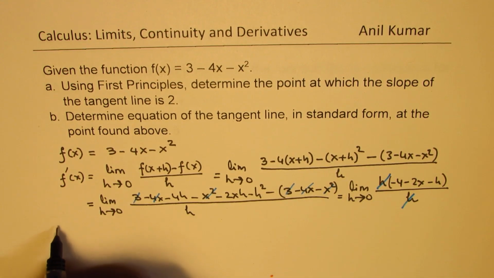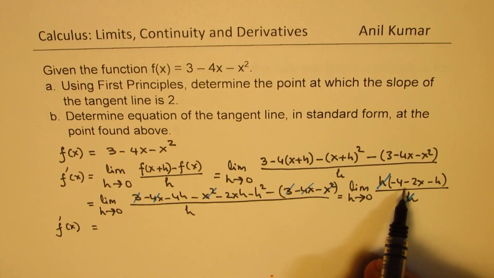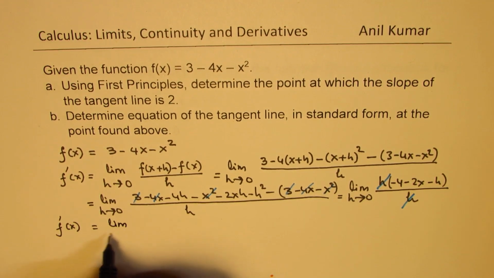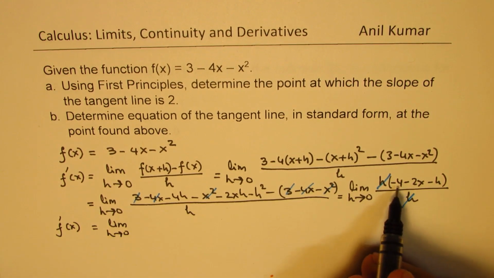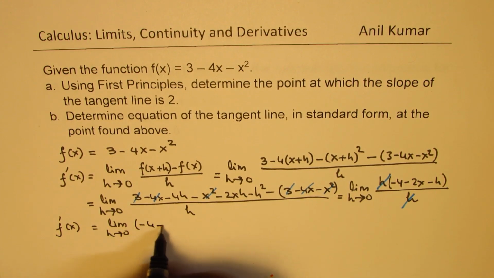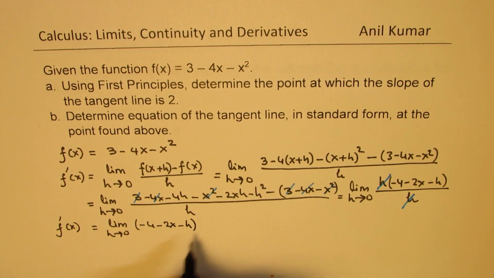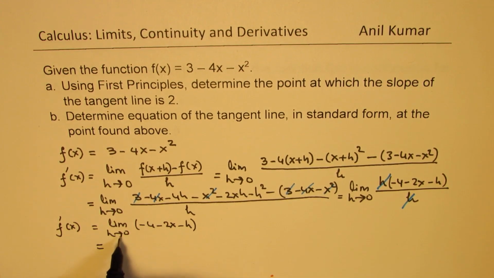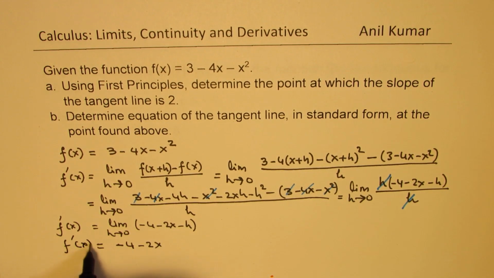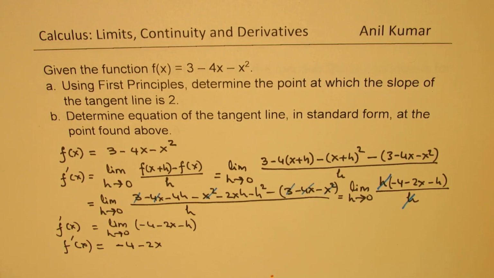Let me rewrite this as limit h approaches 0 of minus 4 minus 2x minus h, which is equal to, substituting 0 here, minus 4 minus 2x, right? So that becomes the general expression for our derivative.